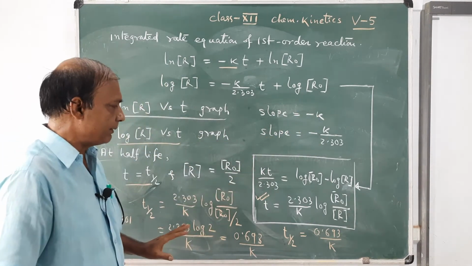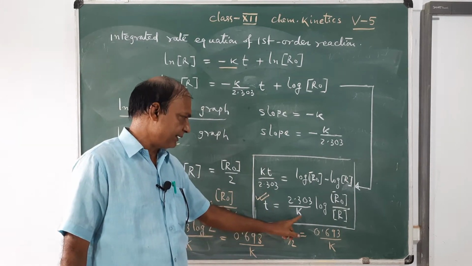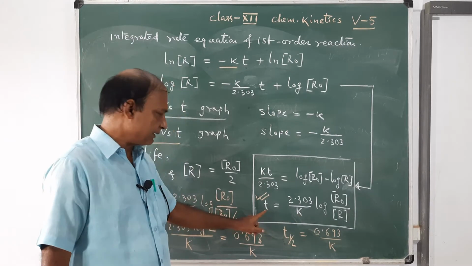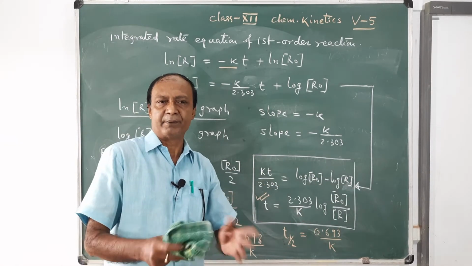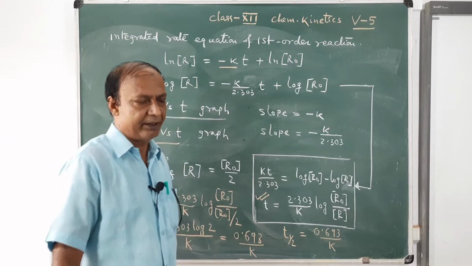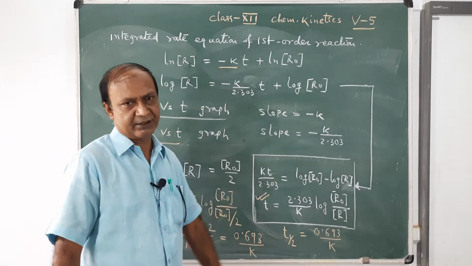Another type of problem is regarding this equation: how to find the rate constant when the time is given and the concentration of the reactant after some time is given. And you have to find out the half-life period of the first order reaction also.